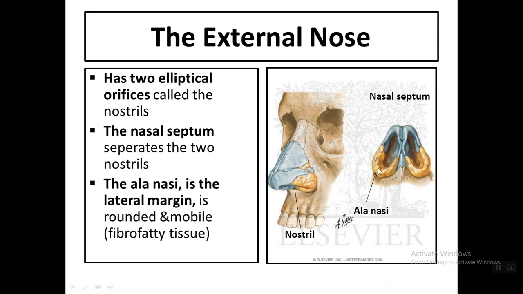The ala nasi, which is the lateral margin, is rounded and mobile and contains fibro-fatty tissue. So the external nose has two elliptical orifices called nostrils, separated from each other by the nasal septum, and it has a rounded, mobile lateral margin called the ala nasi.